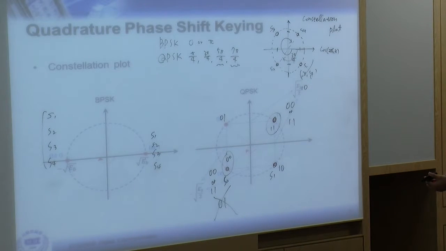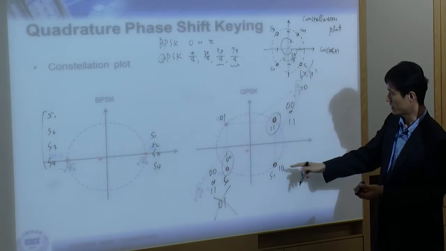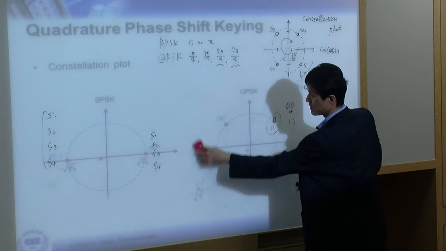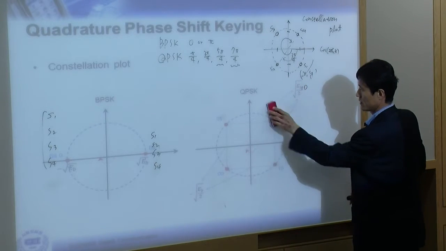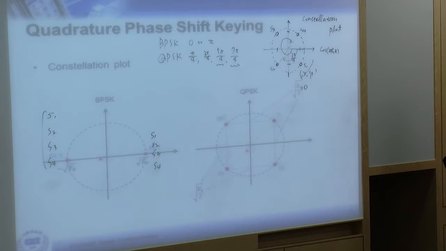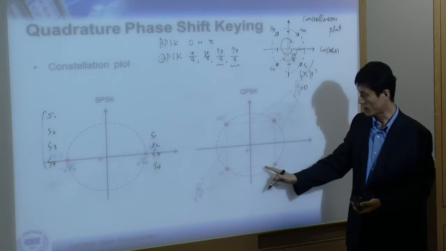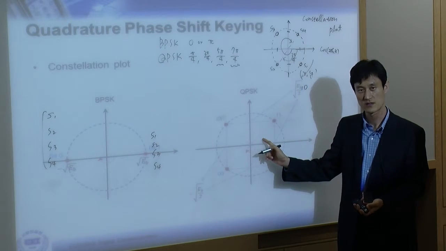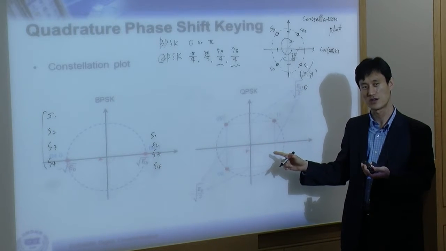So based on gray coding, this constellation picture, look at this picture. This picture tells you many things. First of all, we have 4 symbols with this much of phase difference. That's one thing you can see from this picture.